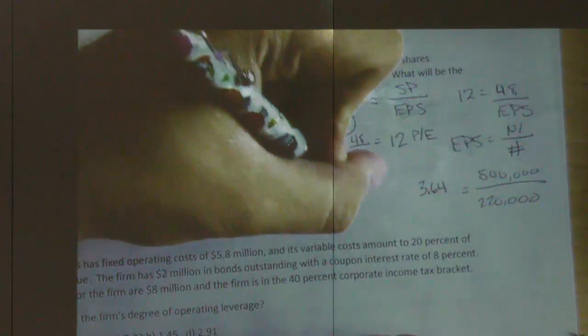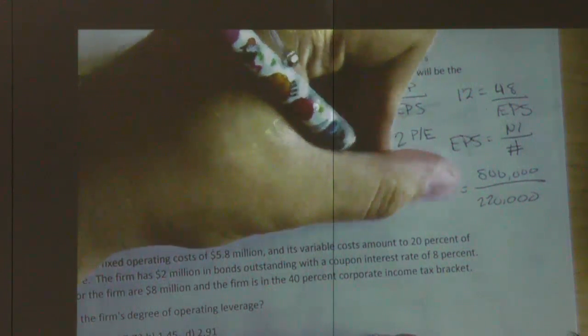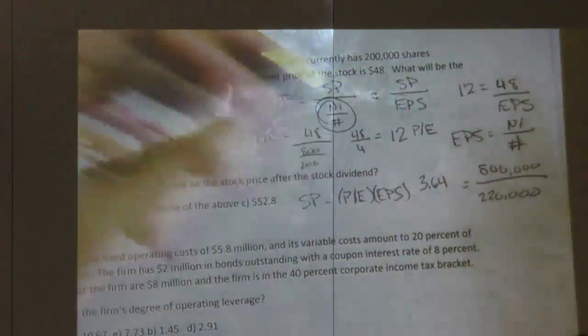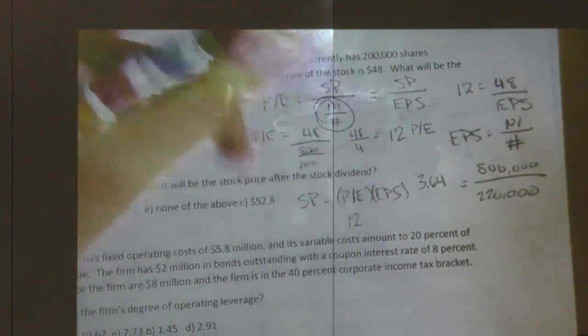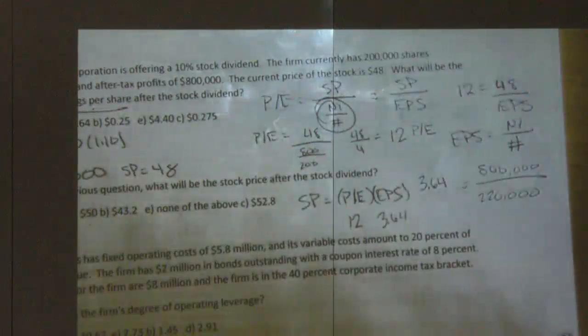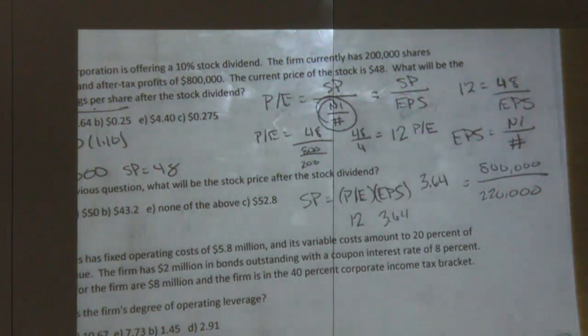You're just doing the PE ratio times our EPS. We figured out our PE ratio was 12, and our EPS is now 364. So we're just doing 12 times 364, and you should end up with a new stock price of 43.60.